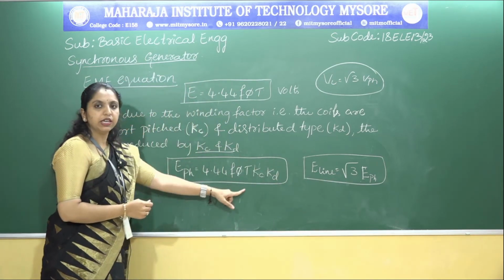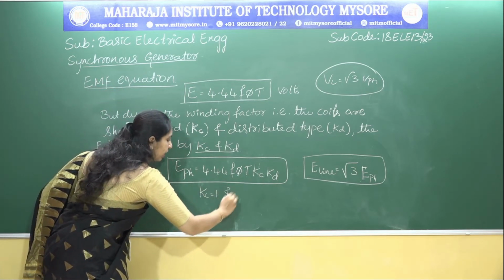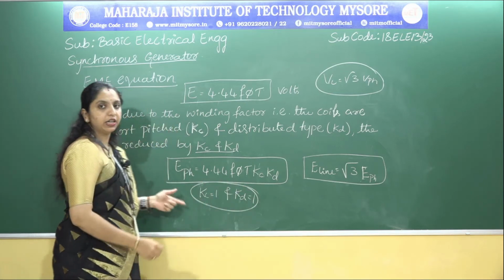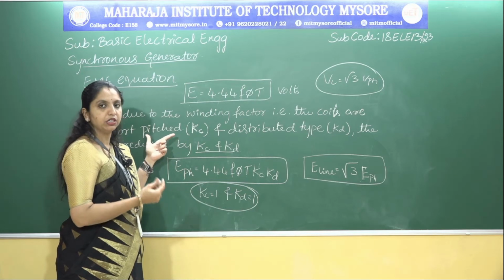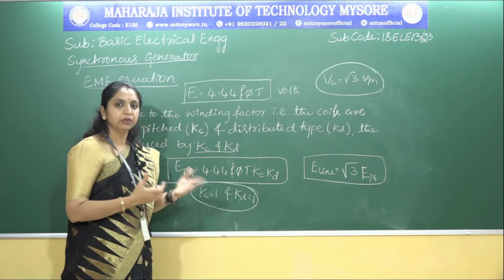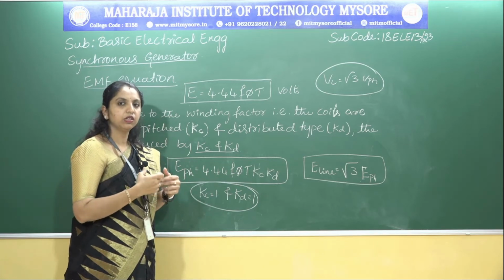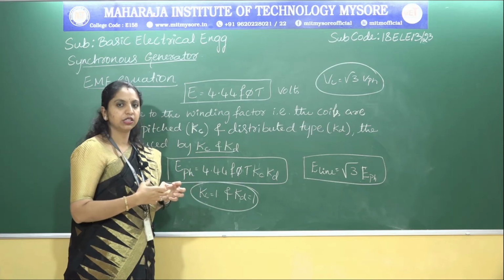And remember, Kc becomes equal to 1 and Kd becomes equal to 1 in the case when the coils are full pitched instead of short pitched. So remember, the parameters Kc and Kd depend on how the coils are constructed in the rotor.